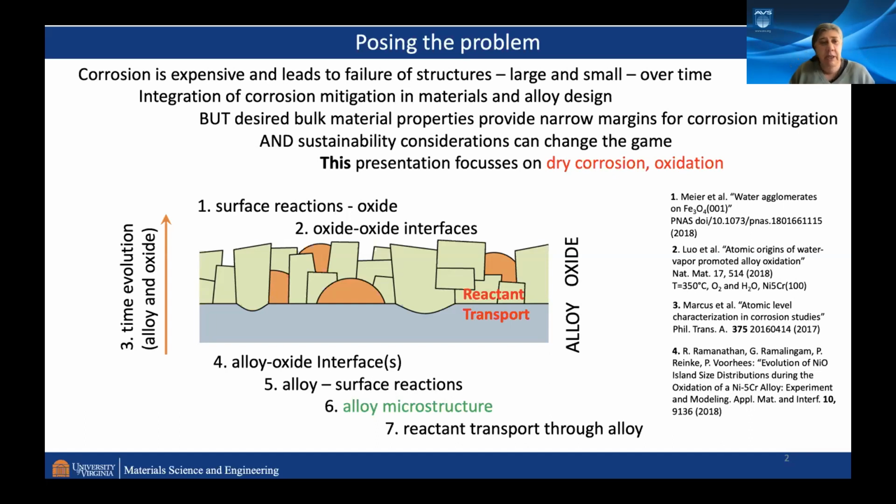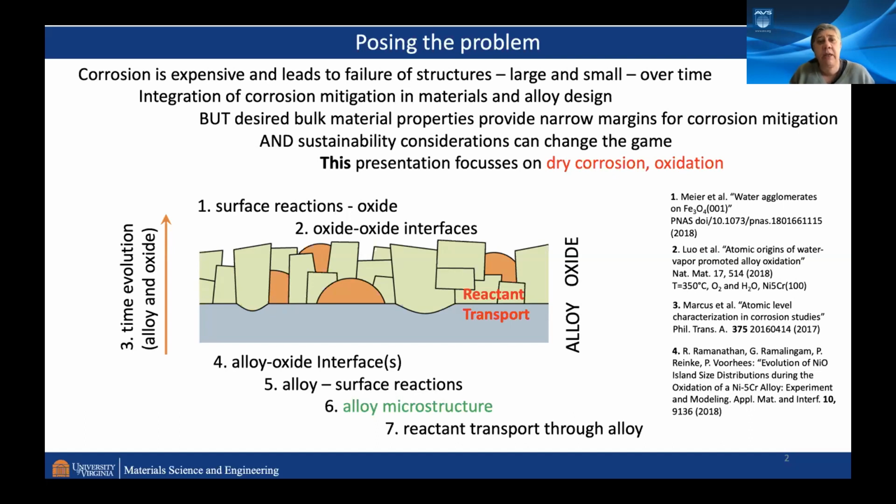So let me illustrate the problem. Corrosion itself is expensive. It's not expensive only in a local way. It's really expensive on a very global scale. Most structures, small and large, from bridges to electronic devices, are prone to failure.